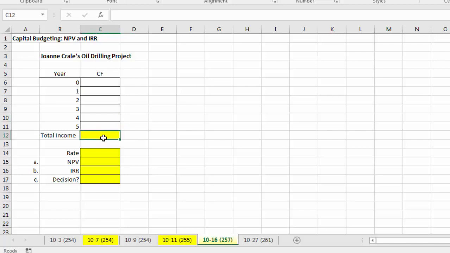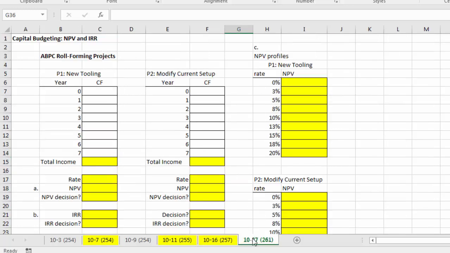We'll do the same thing: find the net income, insert the required rate of return, run NPV, IRR, and then decide whether the project is a winner or not based on the criteria. Is NPV positive? Does the internal rate of return beat the discount threshold rate of choice? Okay, so you should be able to handle those on your own.